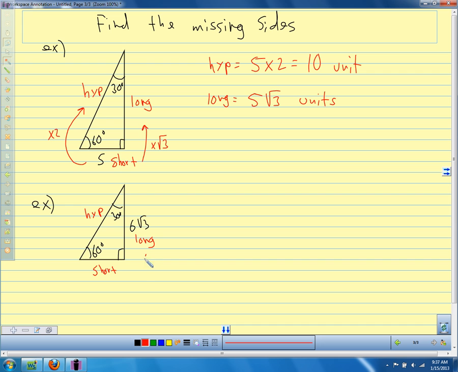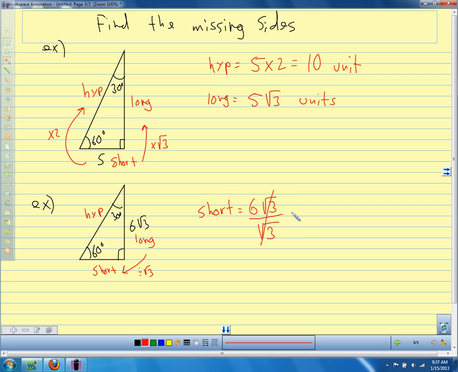Now to go from the long to the short, what do we do? Divide by square root of 3. So the short is 6 square root 3 divided by the square root of 3. What's anything divided by itself? 1.